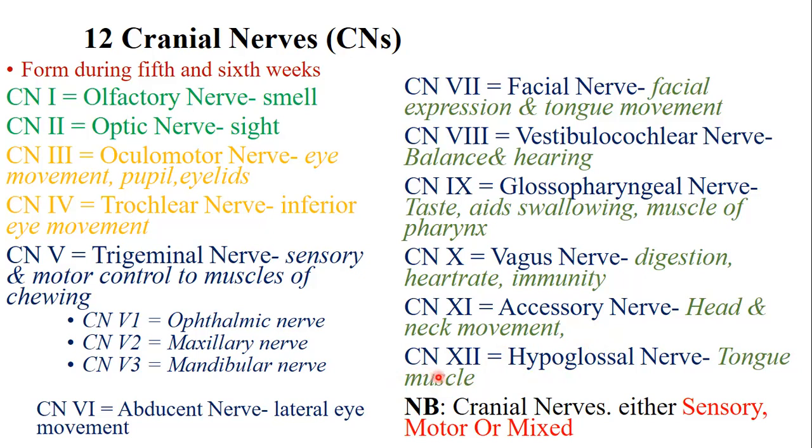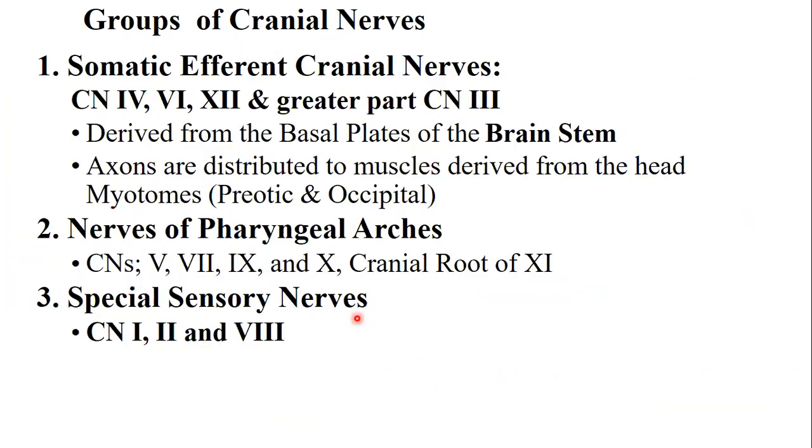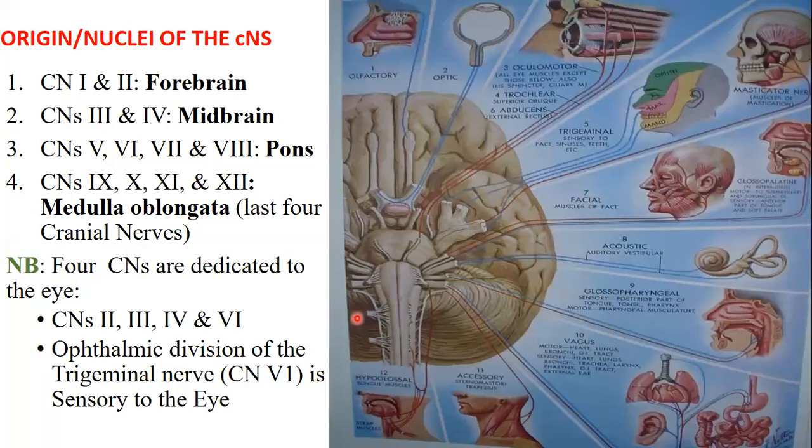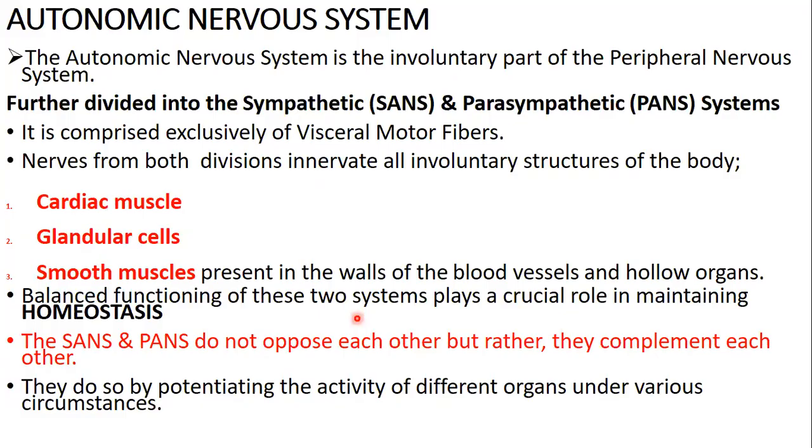Okay, so it supplies muscles of the tongue. So like depressing the tongue, lifting up the tongue, all that is hypoglossal nerve. Okay. So here we have a diagram showing us each nerve and where they are going and the function.